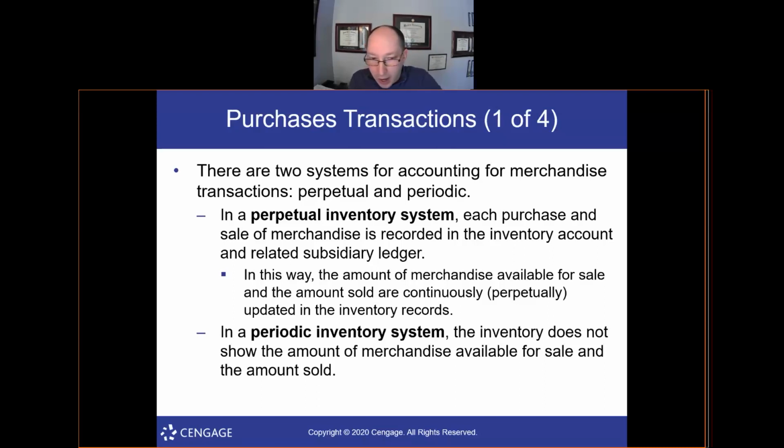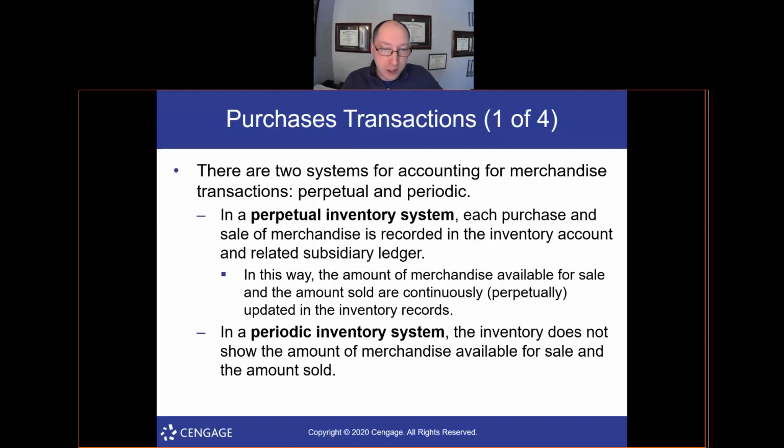In order to track the sales of DVDs, they use a perpetual inventory system, and they'll scan the barcode of each DVD. And when they scan the barcode, it takes it out of inventory because it's no longer available for sale. It's being sold, right? That's what they mean by perpetual.